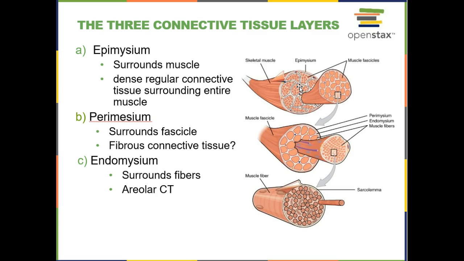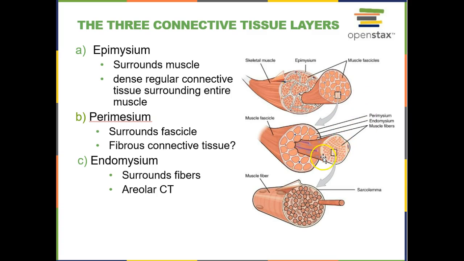So you don't have to contract every cell, every fiber of a muscle to get that muscle to move as a unit. We want to think of everything in a muscle being directly or indirectly connected to everything else.